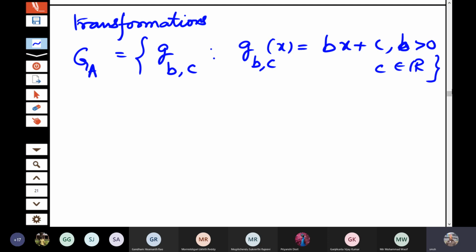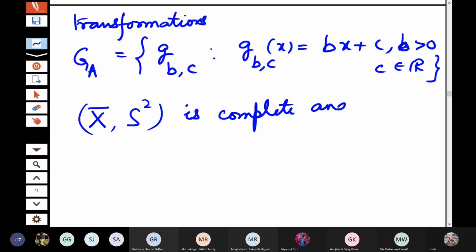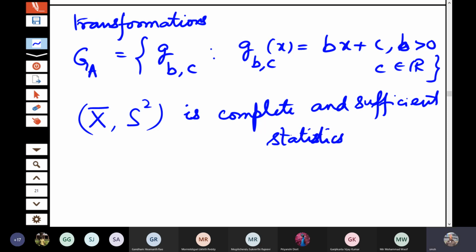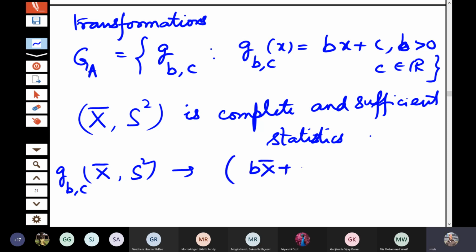We will actually consider it on the complete sufficient statistic. For this problem, do you remember that (x bar, s square) is complete sufficient? So what will happen if I employ this thing here? (x bar, s square) will go to (b x bar plus c, b square s square).